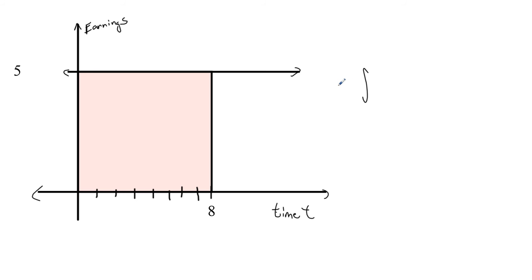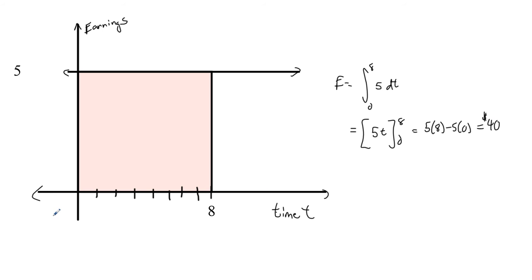and saying that E is going to be equal to, from 0 to 8, the integral of 5 dt, which would be, again, just real quick, 5t evaluated from 0 to 8, which would just be 5 times 8 minus 5 times 0. Again, we get $40.